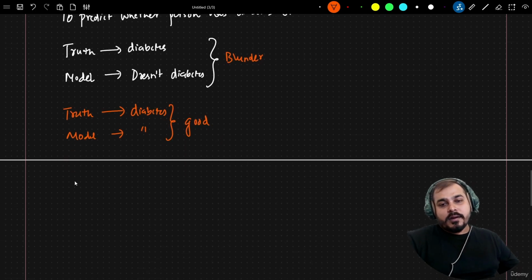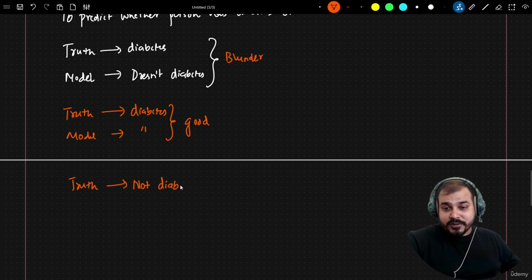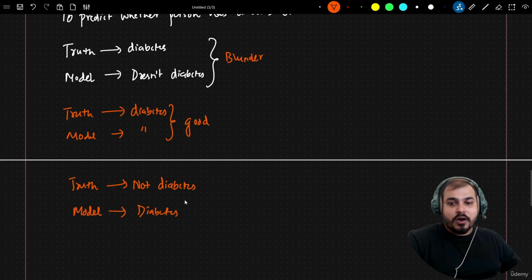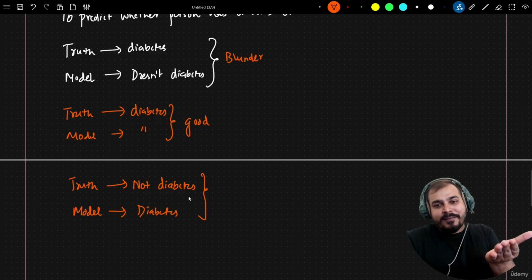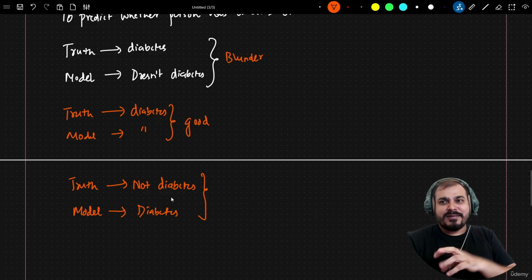Similarly, if I say in truth the person is not suffering from diabetes, but my model predicts that the person has diabetes. So this is also wrongly predicted. But can I say this is a blunder scenario, right? Even though the person does not have diabetes, but the model predicts diabetes, it's okay, right?